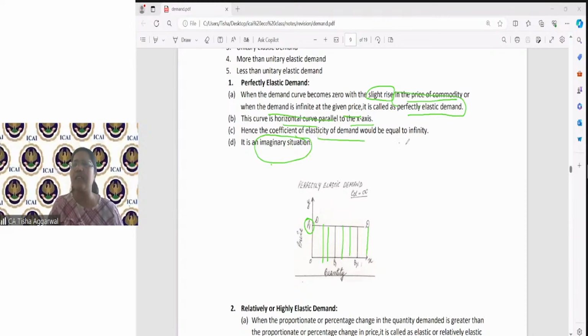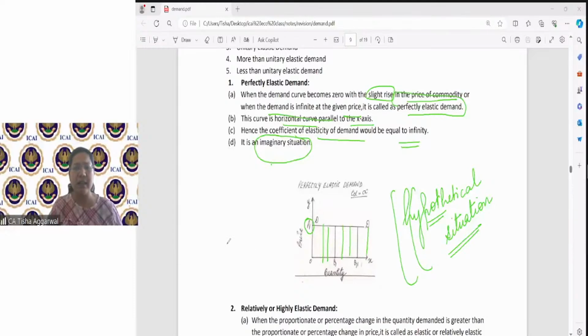Here, the elasticity would be equal to infinity. Can I say this is nothing but a hypothetical situation? Correct? We are dealing in a very hypothetical manner.